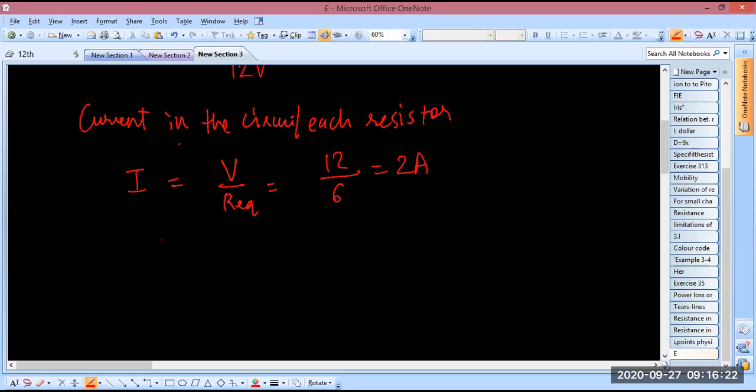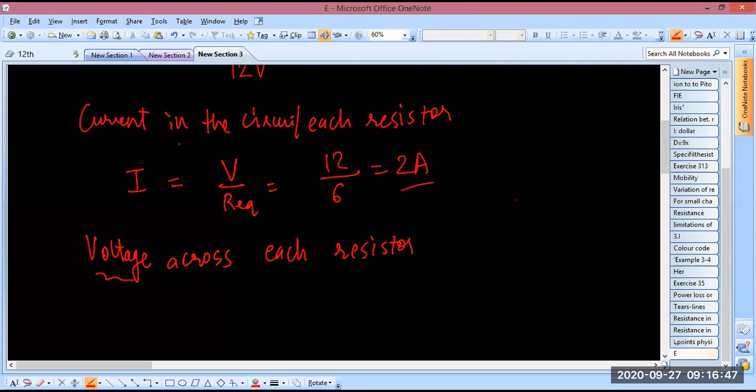Okay, I is V by R equivalent, so this is 12 by 6, 2 ampere. Now let's talk about voltage. Okay, voltage across each resistor. Now this is very simple. Think about it. We have to find the voltage, and we know the current, isn't it?